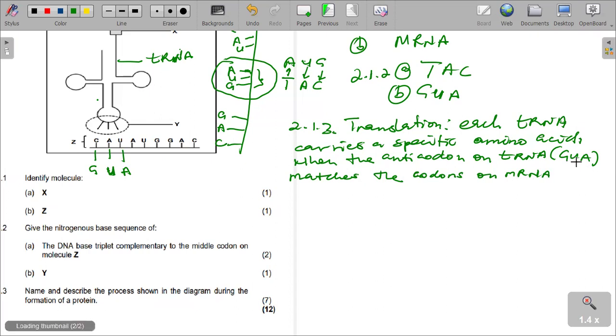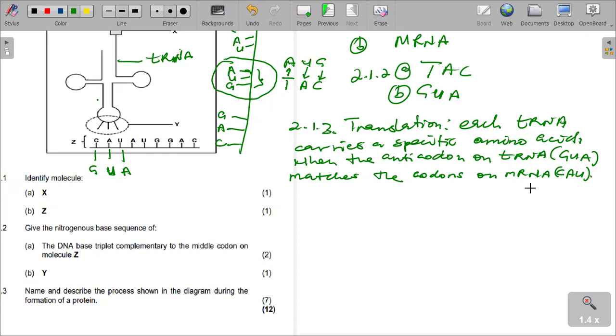In this case, we say GAU matches the codons on mRNA. I'm just giving the example to say what the corresponding codons are, which is going to be CAU. This G pairs with C, this one pairs with A, and this one pairs with U. As you can see, GAU pairs with the specific codon CAU, which is given there.